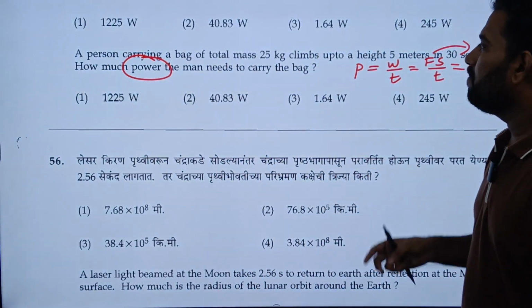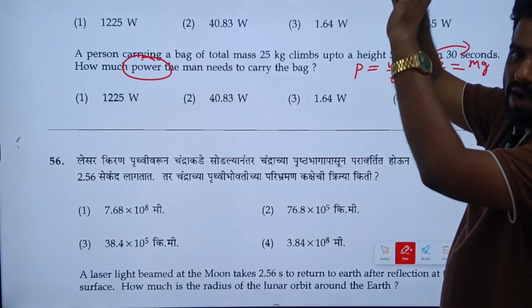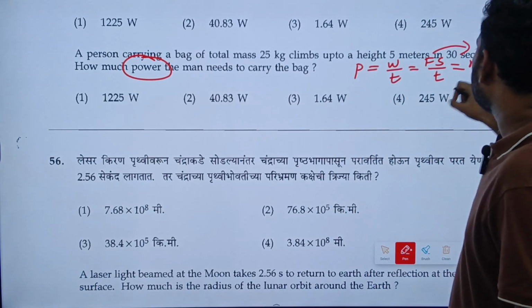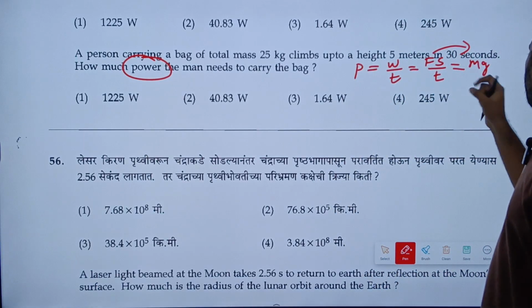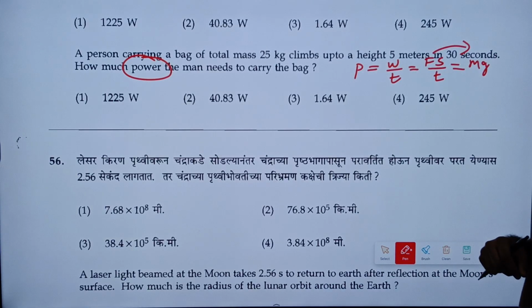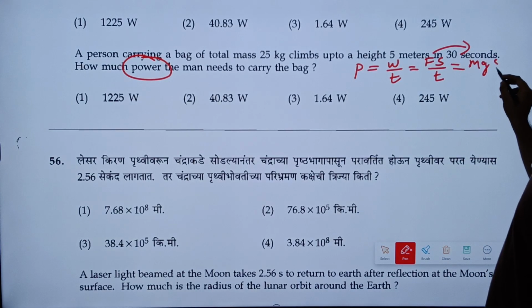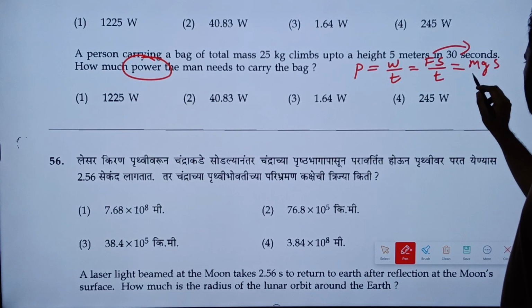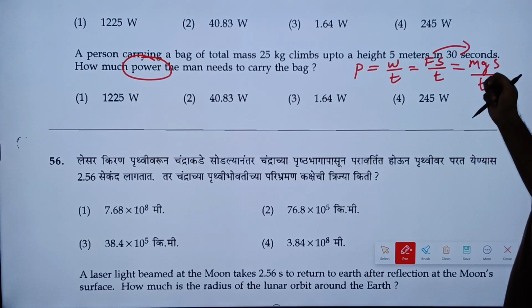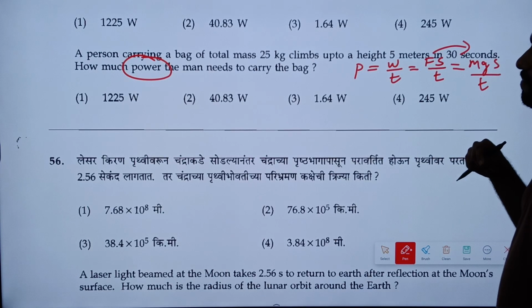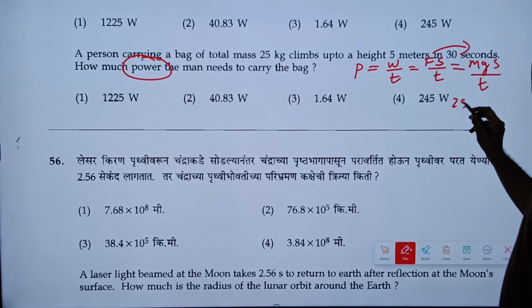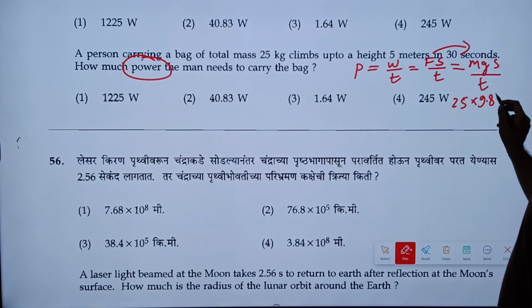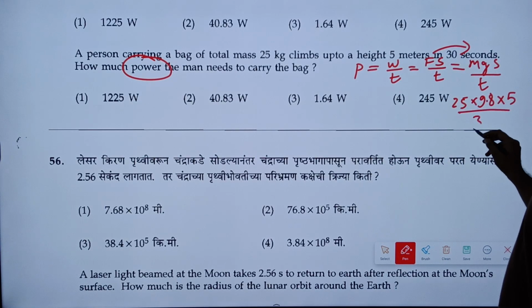A person carrying a bag of total mass climbs up to a height, that's why a is considered as g, acceleration due to gravity. F is equal to mg, s as it is, and t. We have to put values for m is 25, g is 9.8, s is 5 meter, and time is 30.